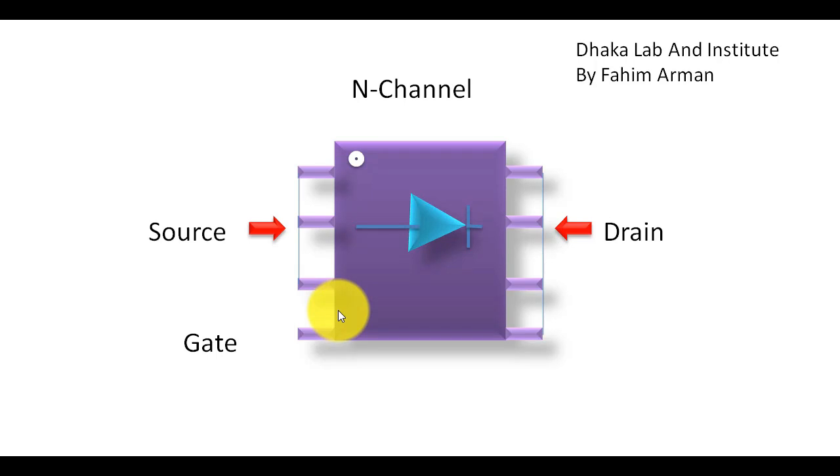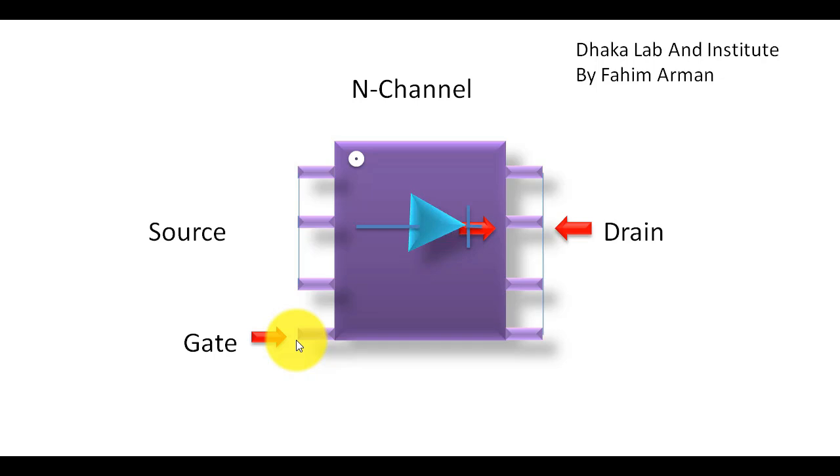And now we will see the working of N channel. When voltage passes from source to drain, it will go easily, as you know that from anode to cathode it passes easily. But if you want to pass the voltage from drain to source, you need gate switching.